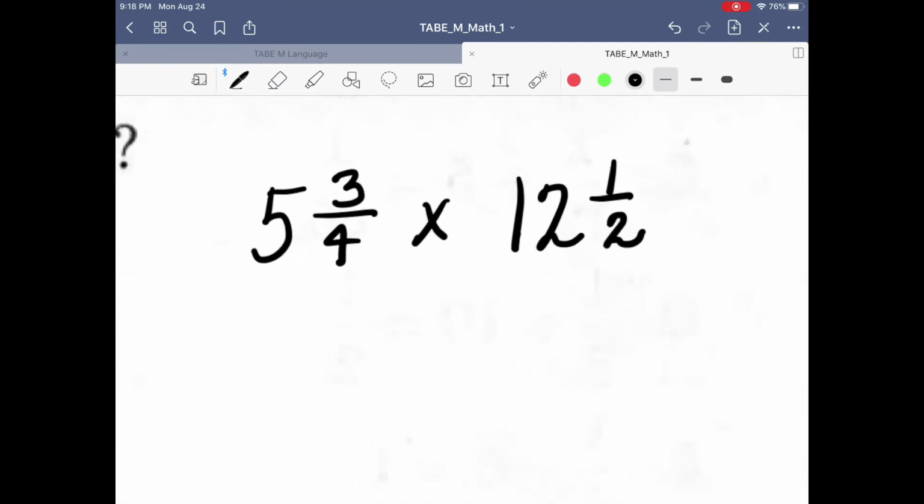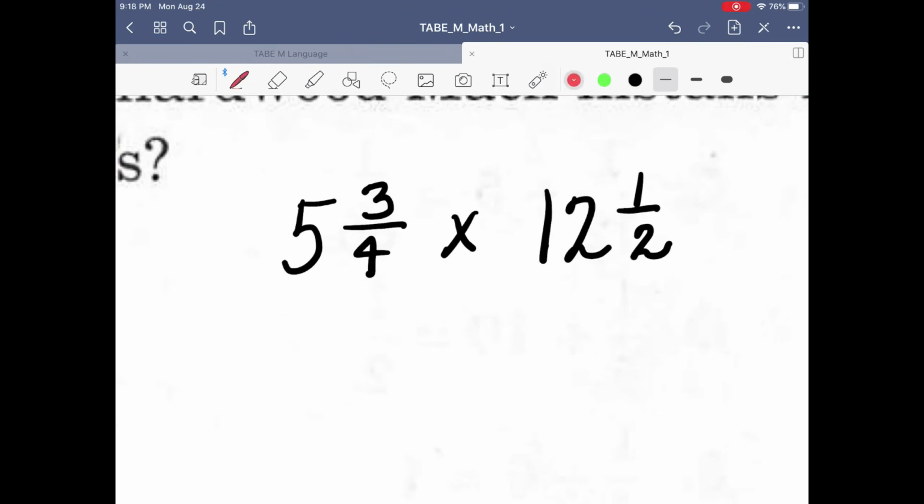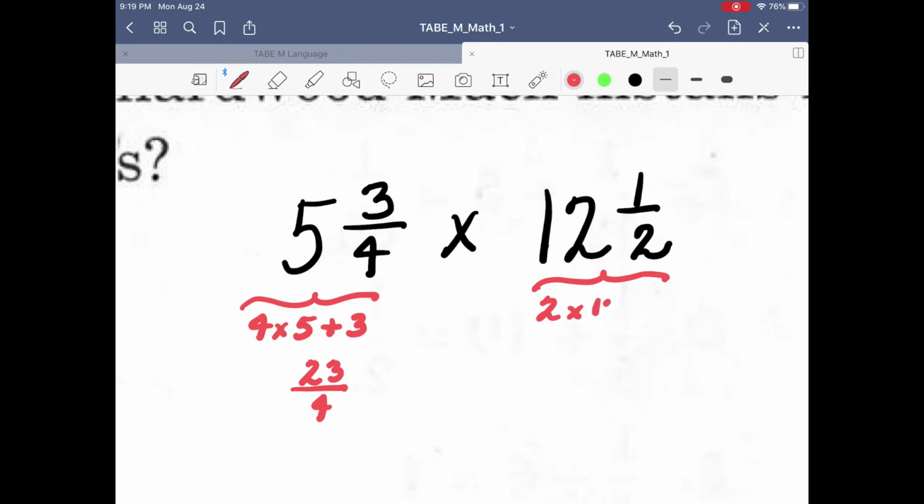So let's do some conversion here. 4 times 5 is 20, plus 3 is 23 over 4. 2 times 12 is 24, plus 1 is 25 over 2.